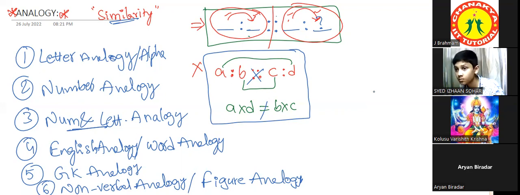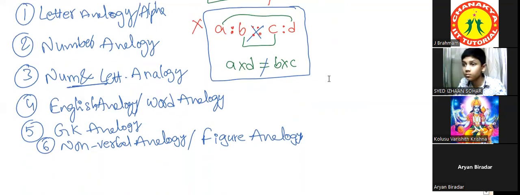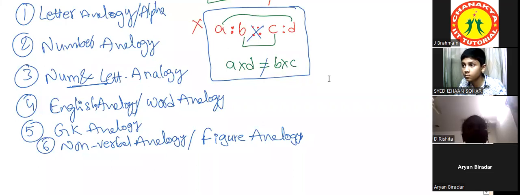What are the types? Just read them once. Letter analogy, number analogy, number and letter analogy, English or word analogy, GK analogy, non-verbal or figure analogy.